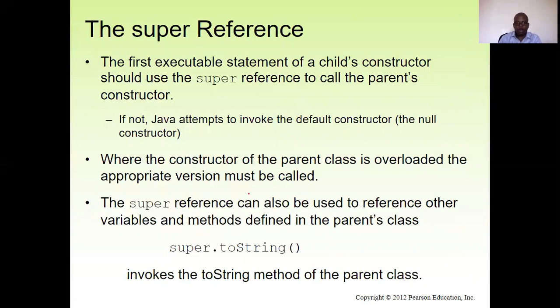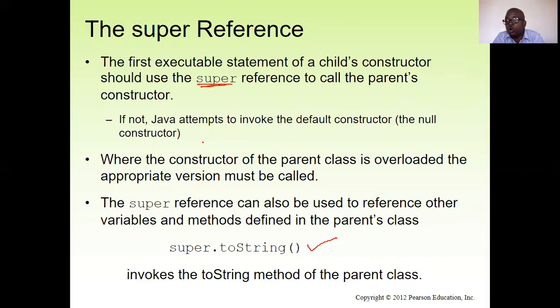And I told you already how you could use the super keyword to invoke a method from the parent explicitly. Now, if you don't put the super reference, Java will attempt to invoke the default constructor, which is the null constructor. Now, think about it.